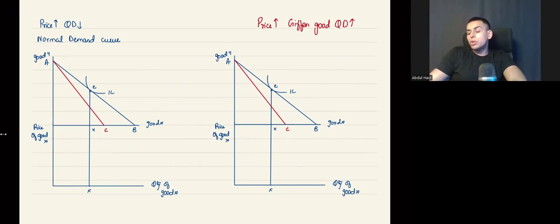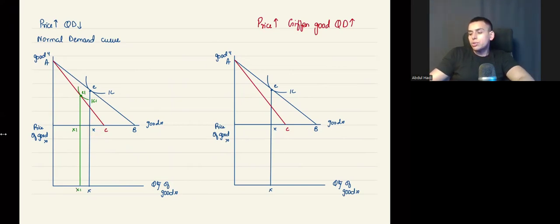So your new equilibrium position should be behind this X. Why? Because we have to prove a decrease in quantity demand for good X. This is your new IC, IC1, equilibrium E1, and this is your new equilibrium position, X1 and X1.